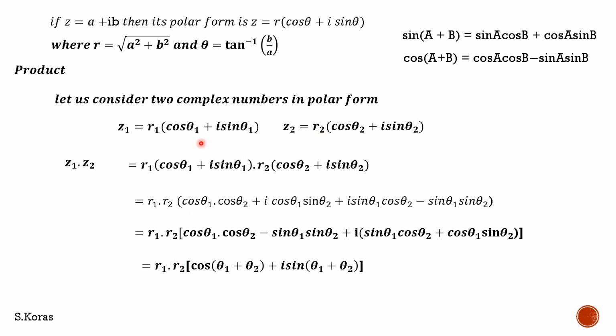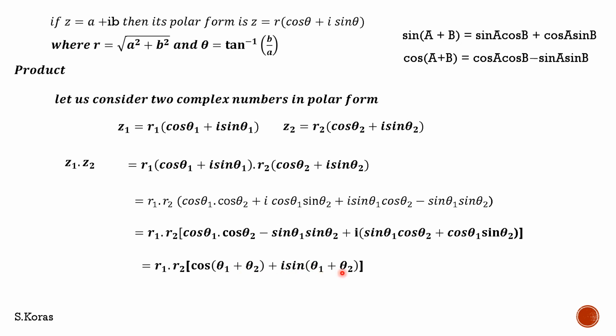After that, the arguments should be added, because the first complex number's argument is theta 1 and the second complex number's argument is theta 2. So here it is added, that is cos of (first argument plus second argument) plus I into sin of (first argument plus second argument).